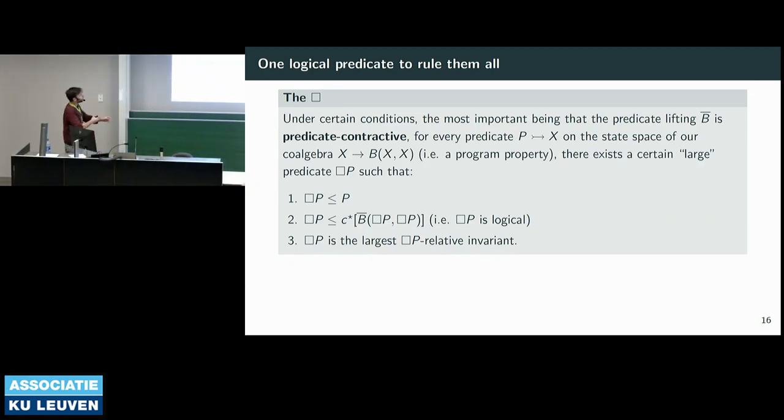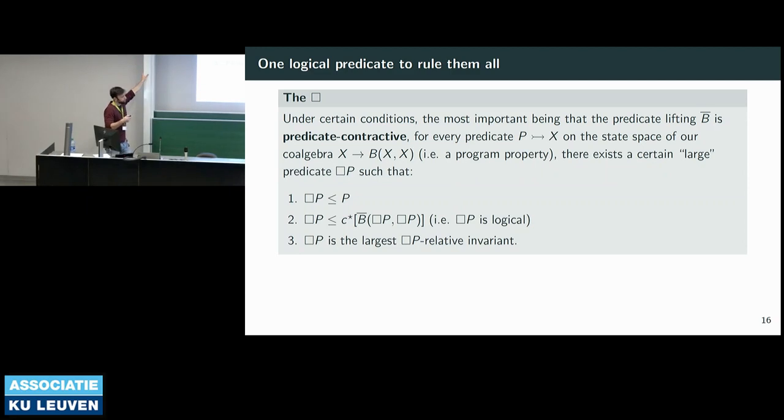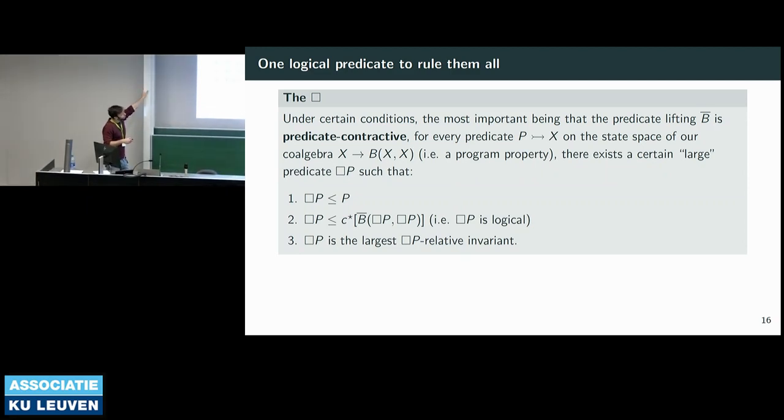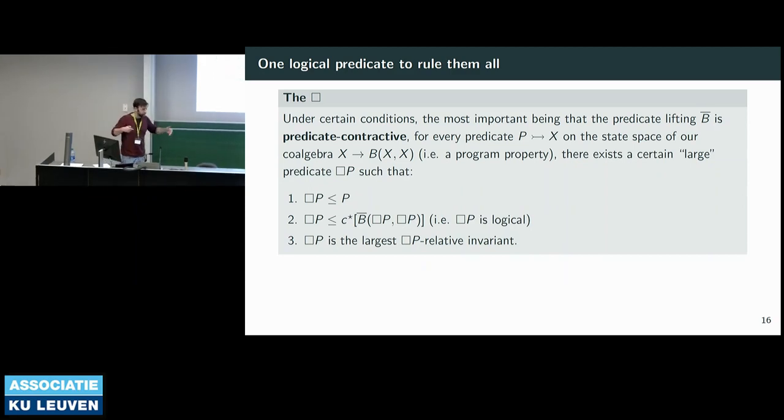Now, as it turns out, even in the abstract, this square construction that I talk about exists under certain conditions. Recall that B is your behavior functor, so it gives you the shape of what kind of system you are dealing with.